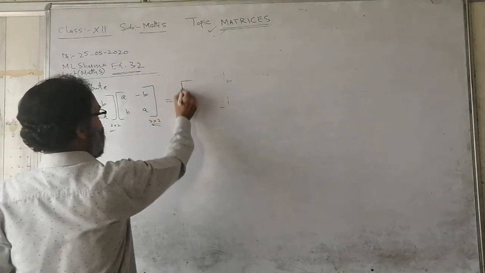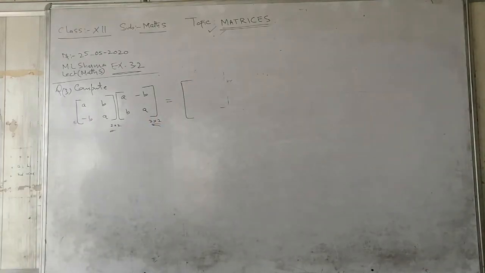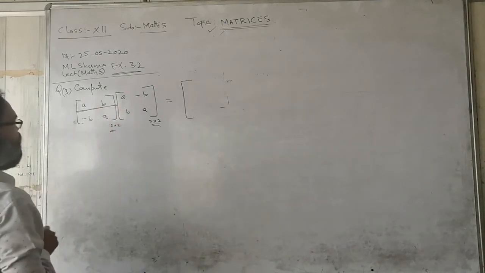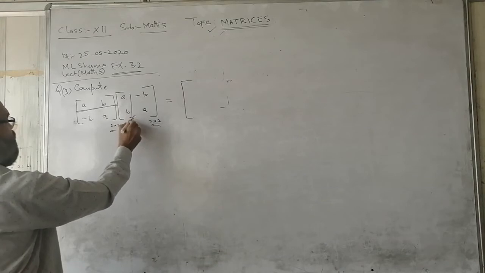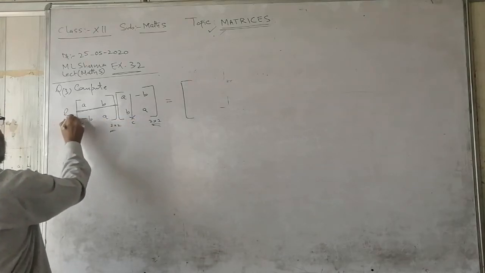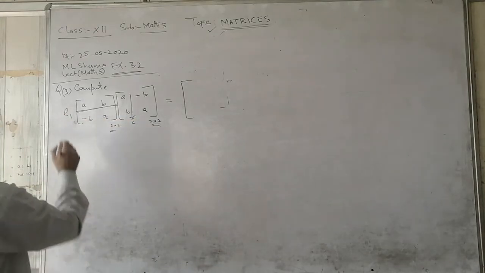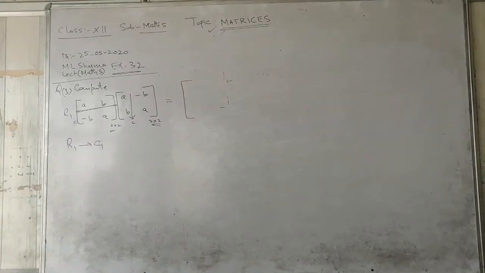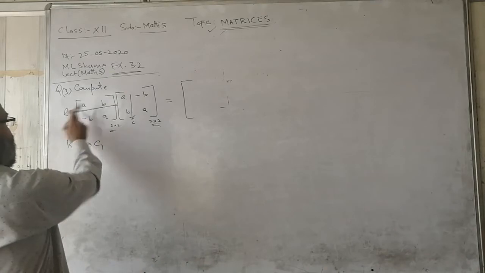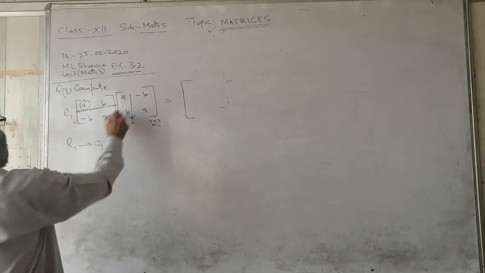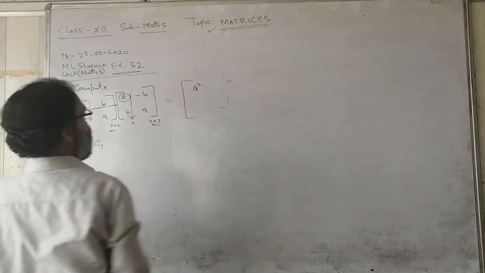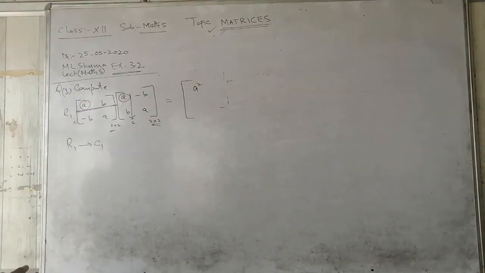So their product will be, first R1 is to be taken and C1 is to be taken. So elements of R1 and C1 are to be taken. So this A is to be multiplied by A, so it will be A square.